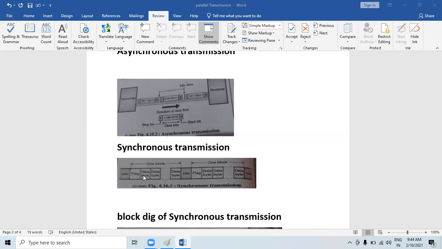You can see in this figure, right? Flag is also useful in identifying the beginning of a block. So flag, we are using here to identify the beginning of the block.